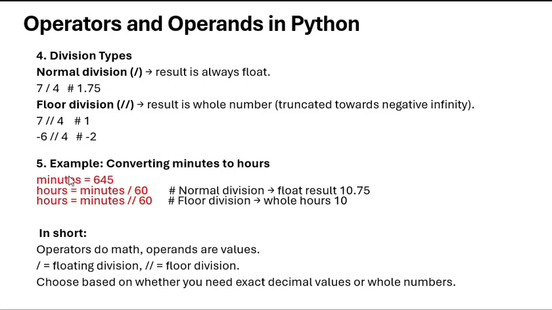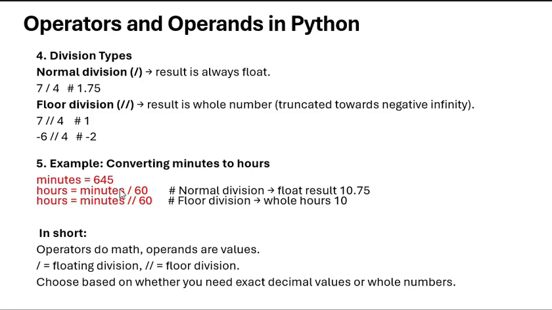Got it? For example, converting minutes to hours. Let us see this example with normal division and floor division, how it works. Minutes is equal to 645. We have 645 minutes. We have to convert that minutes into hours by using normal division and floor division. Let us see.